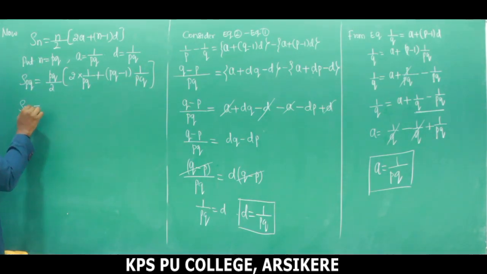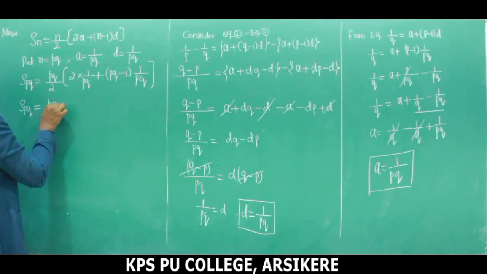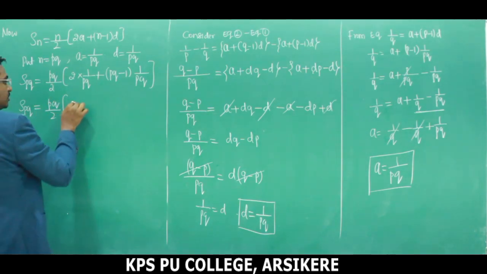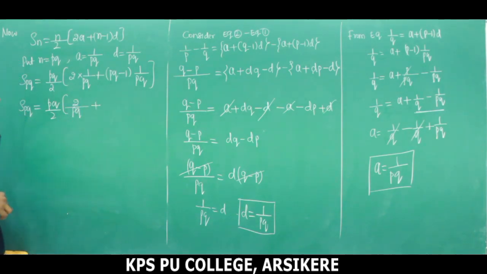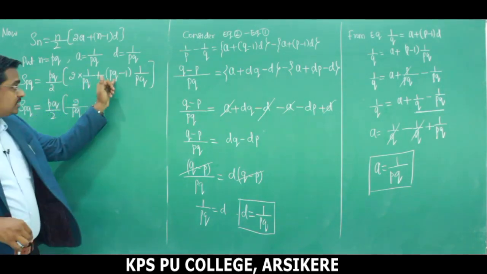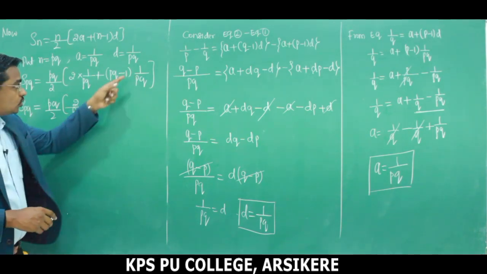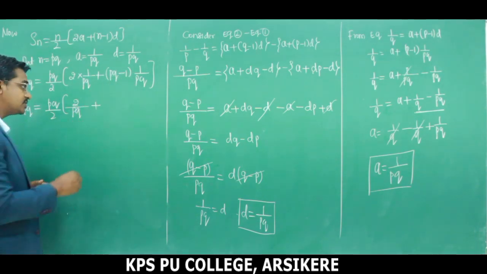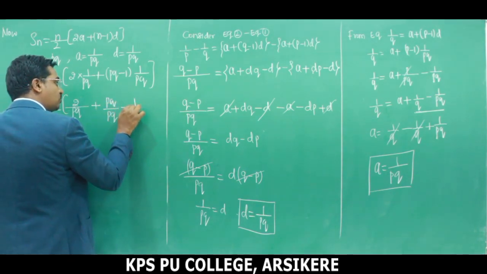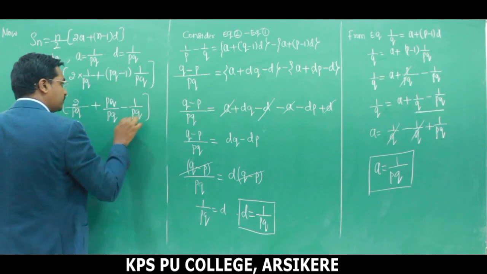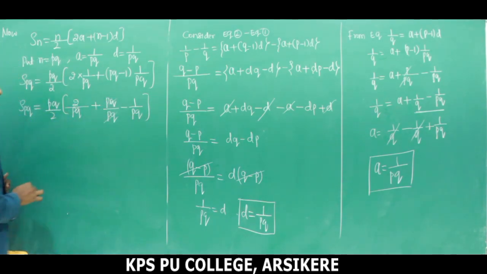SPQ is equal to PQ divided by 2 times 2 divided by PQ plus, now multiply this term by 1 by PQ. So PQ into 1 by PQ is PQ divided by PQ, minus 1 divided by PQ. Here PQ and PQ get cancelled, we are left with 1 there.